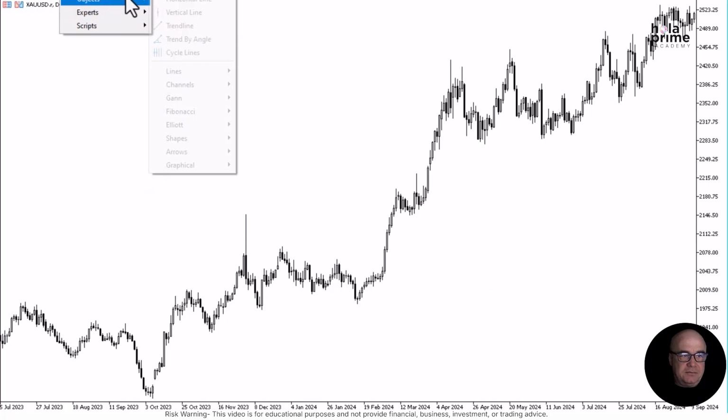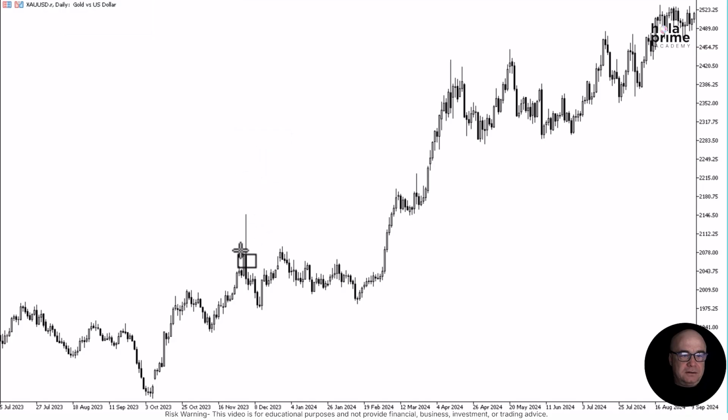So let me go ahead and put my rectangle here. Now, there is a wick that breaks through the rectangle in the very beginning. I don't read too much into that, mainly because it was rejected so soundly. Like it didn't stick, so it doesn't change the overall consolidation.